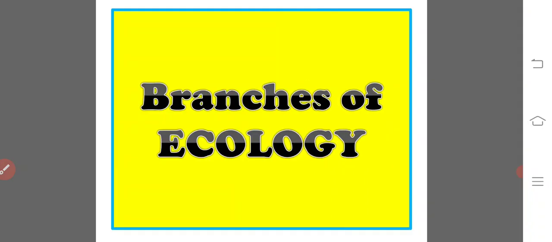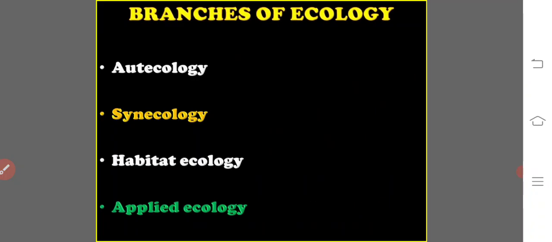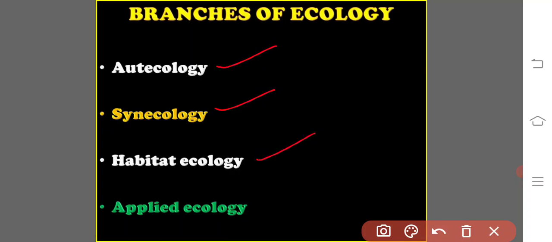And let us see the branches of ecology. Ecology is divided into four main branches, namely autecology, synecology, habitat ecology, and applied ecology. Autecology is the study of individual species or its population in relation to the environment.